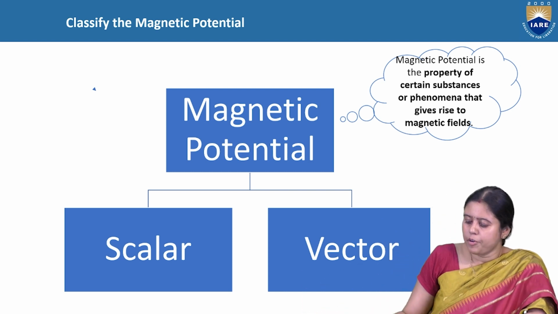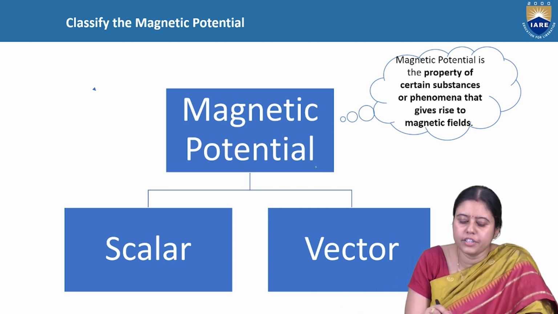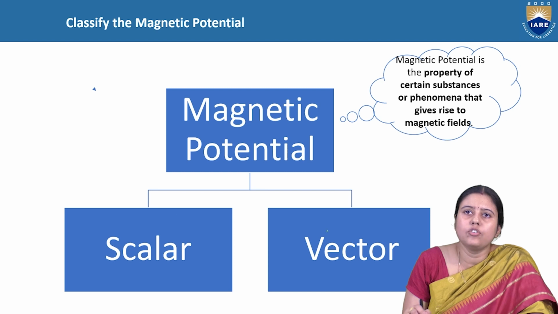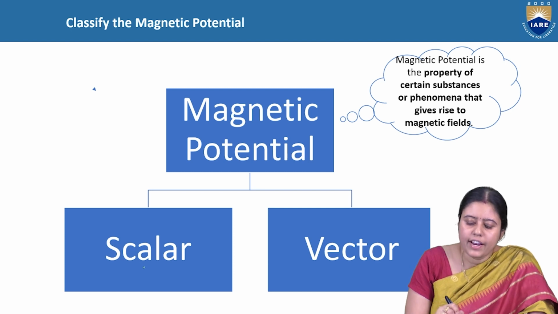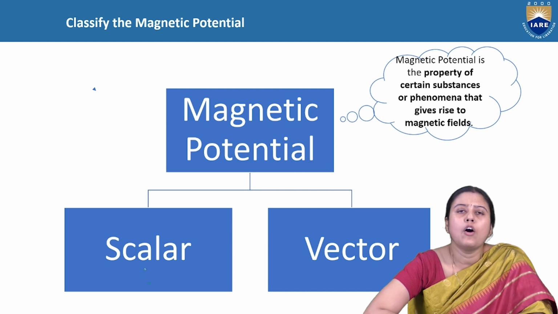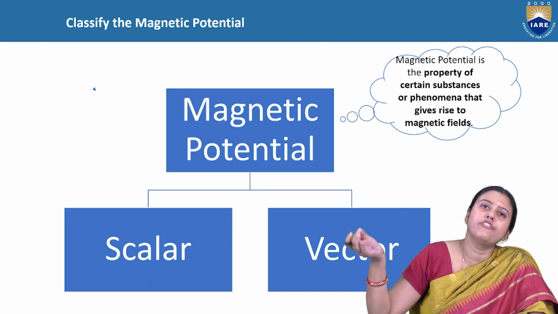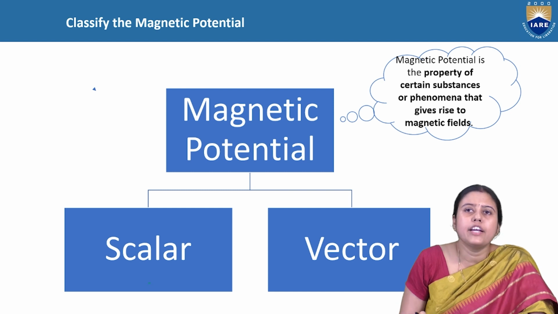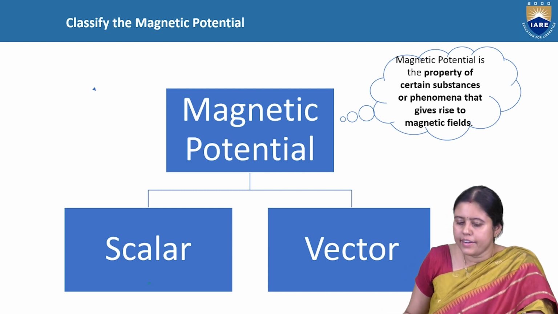Magnetic potential can be divided into two parts: one is the scalar potential, one is the vector potential. Scalar potential is similar to our electrical potential, the work done to bring one unit north pole from infinity to the field. Vector potential is a special property of the magnetic field.